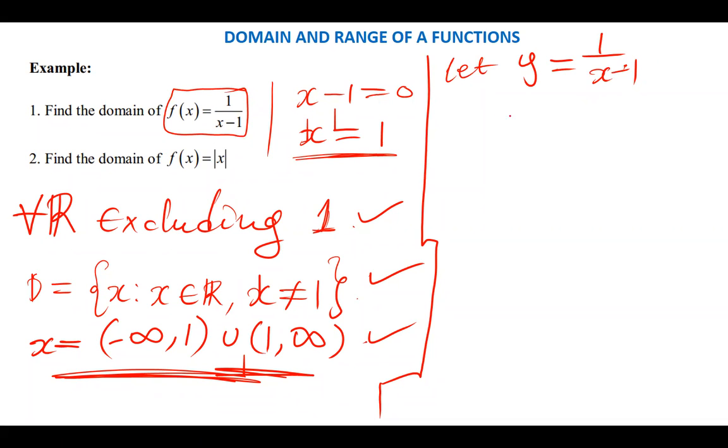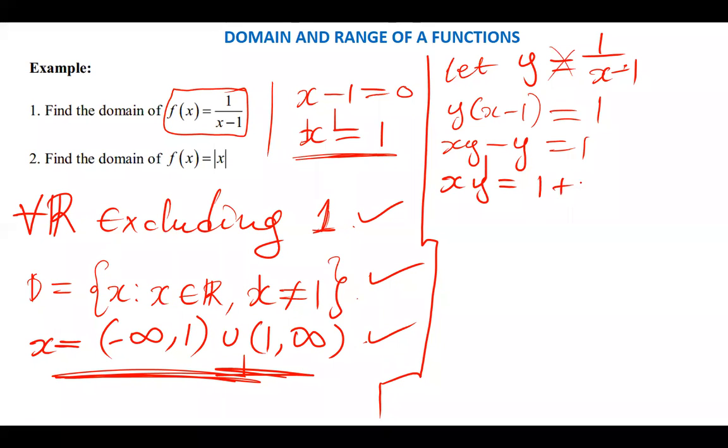So we make x the subject of the formula. I'm going to cross multiply there. I'm going to have y times x minus 1, and this is just going to be equal to 1. Then y times x gives me xy, y times 1 is y, so xy minus y is equal to 1. Since I'm making x the subject, I'm going to take this y to the other side of the equal sign. So xy is equal to 1 plus y.